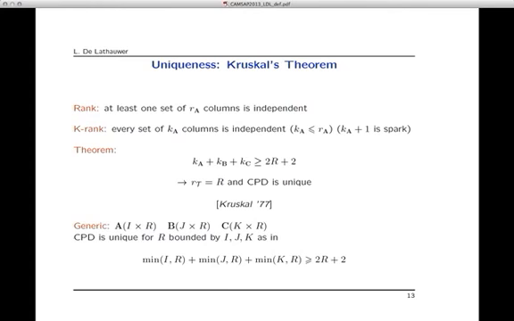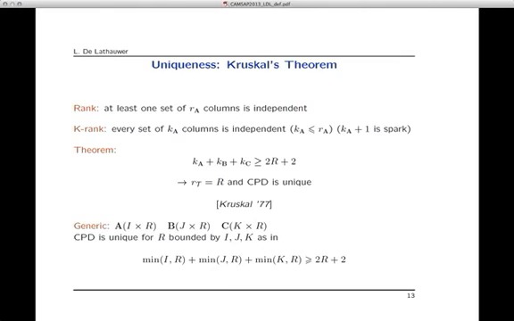And so Kruskal, the story is canonical polyadic decomposition existed in mathematics from 1927. And it was not used. And in 1970, it was introduced by people independently in psychometrics and in linguistics who saw the potential for data analysis.